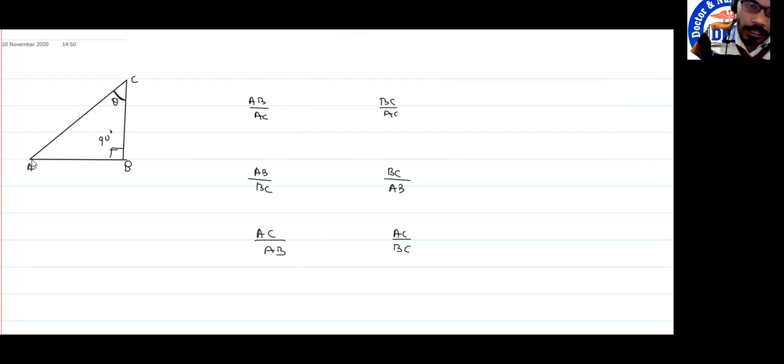The side in front of this theta is called the perpendicular, the side along with this theta is called the base, and this is called the hypotenuse.